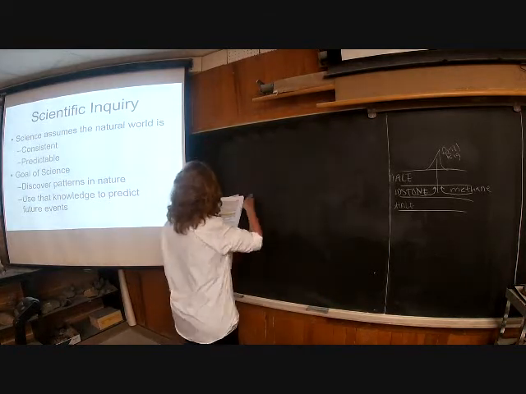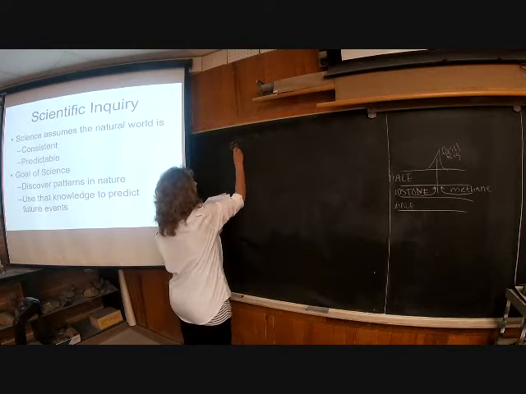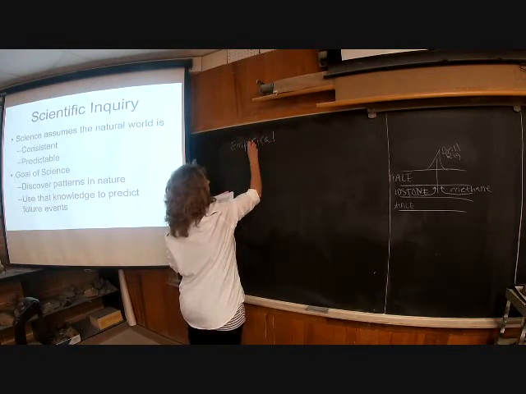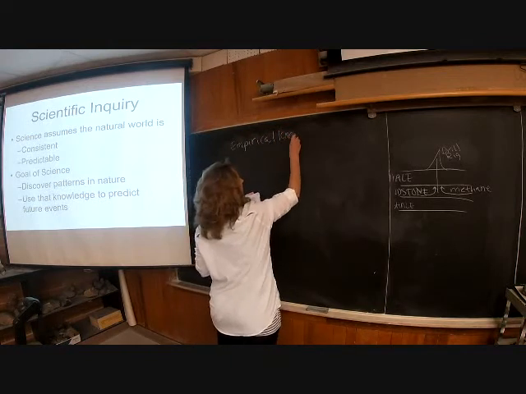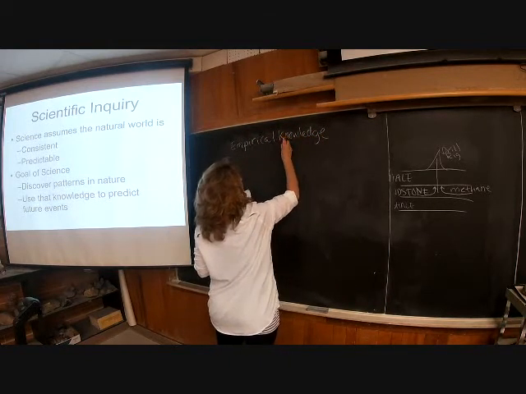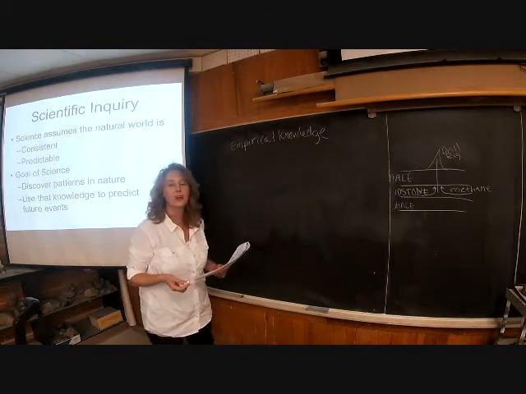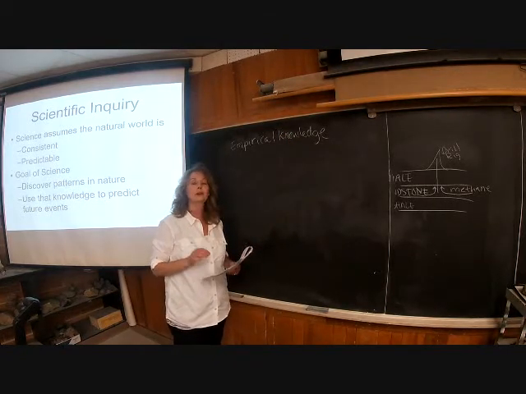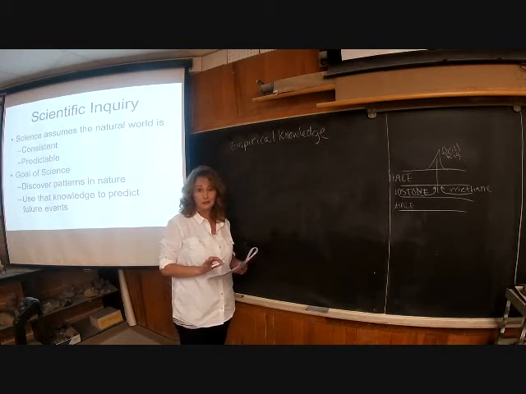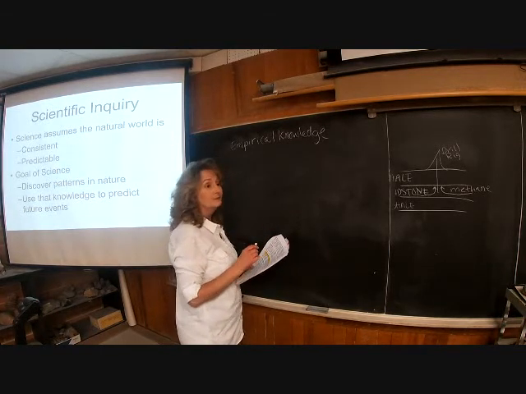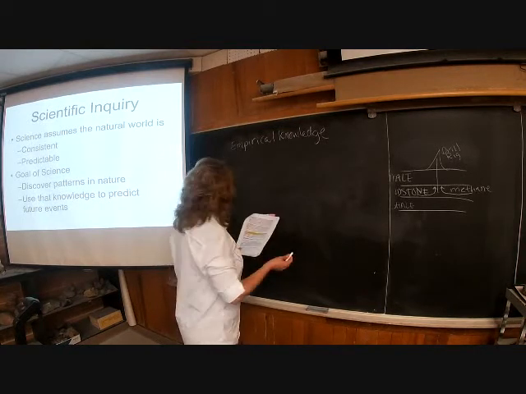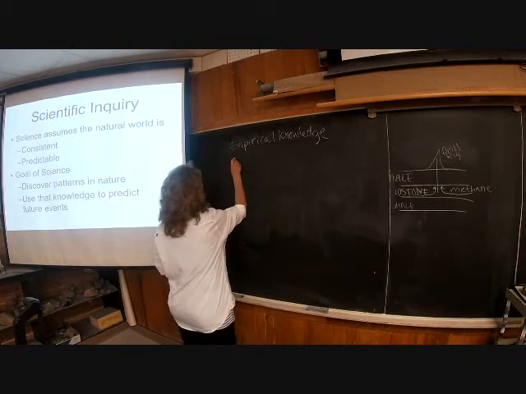So I'm going to write that word up, empirical knowledge. Okay, so some ways of knowing here. But empirical is we are looking at the data, observations, okay, not reading anything into it. We're just collecting and accumulating our data, so accumulation of data.